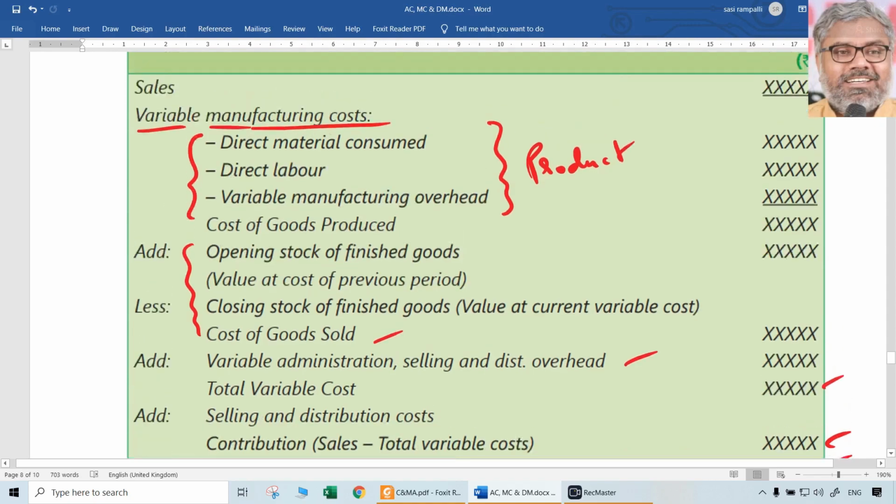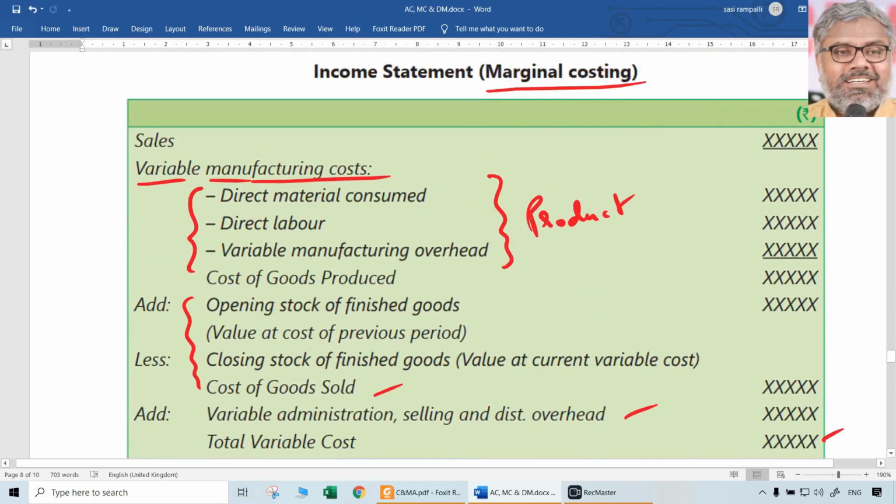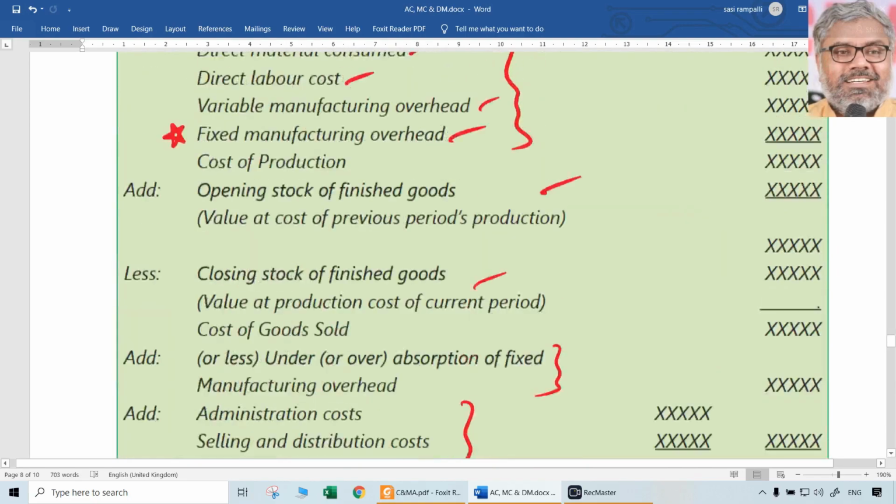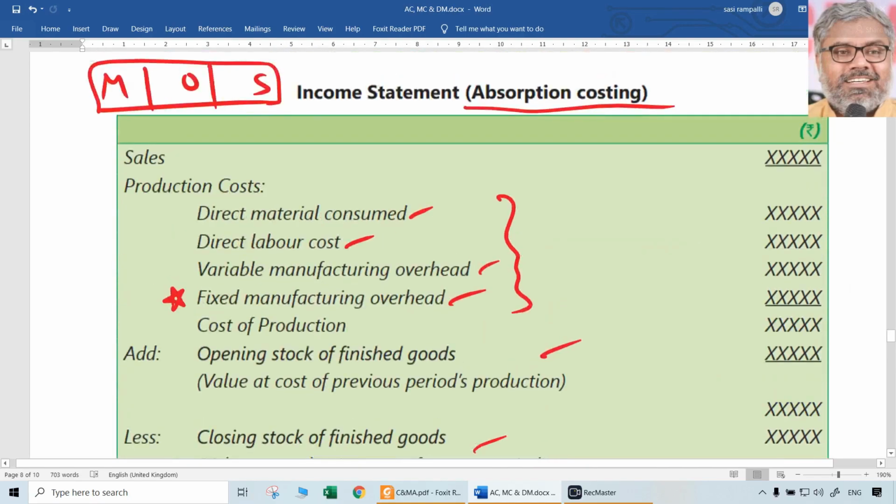And what is the variation? In marginal costing, we take only variable manufacturing overhead into consideration in addition to direct material and direct labor. In absorption costing, we take direct material, direct labor, variable manufacturing overhead, but we also take fixed manufacturing overhead, which means under normal absorption costing principles, which we have been following, we don't distinguish between variable and fixed manufacturing overheads at all.